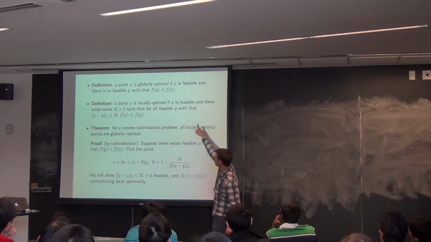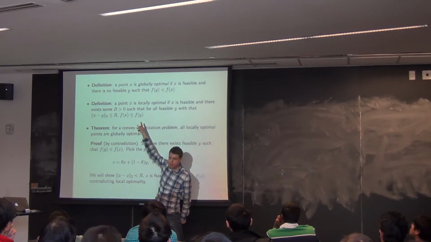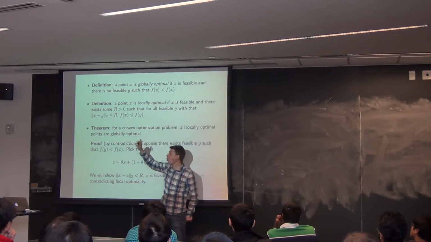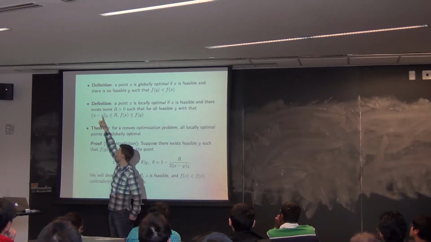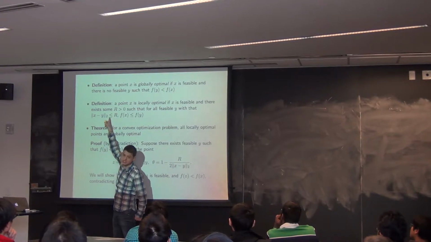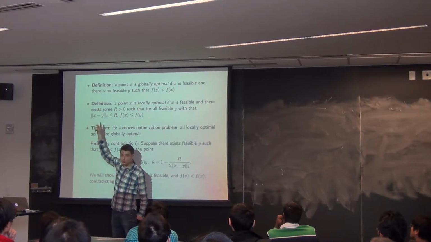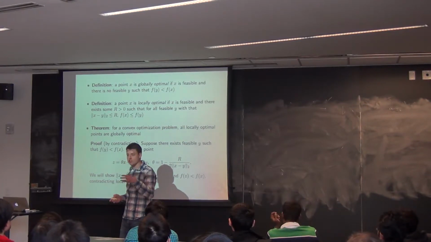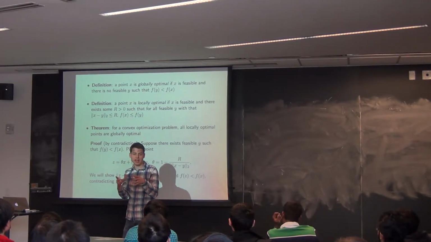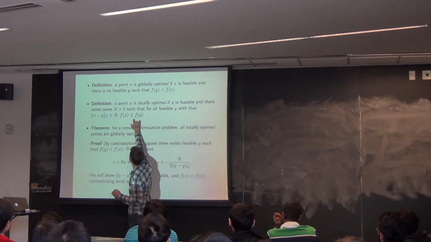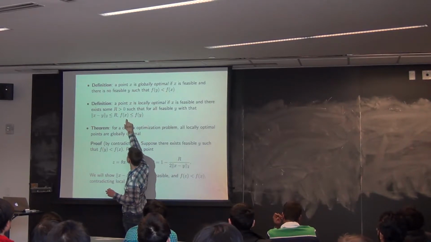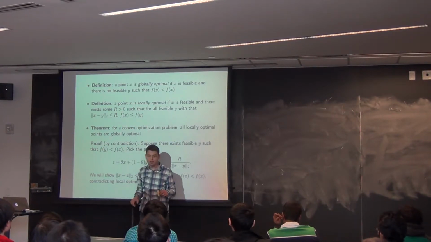Now, a point is locally optimal if it has that same property, but that property only holds for all y's that are within some distance of x. So a locally optimal point says that for any other feasible points within some distance of x, none of those points have f of y less than f of x, or equivalently, for all of them, f of x is less than or equal to f of y.